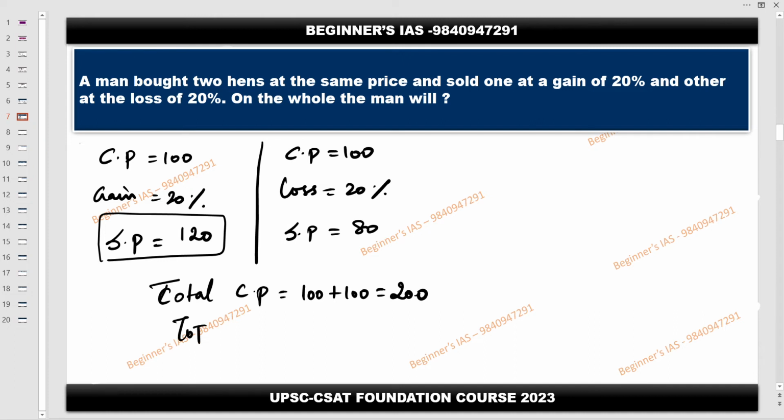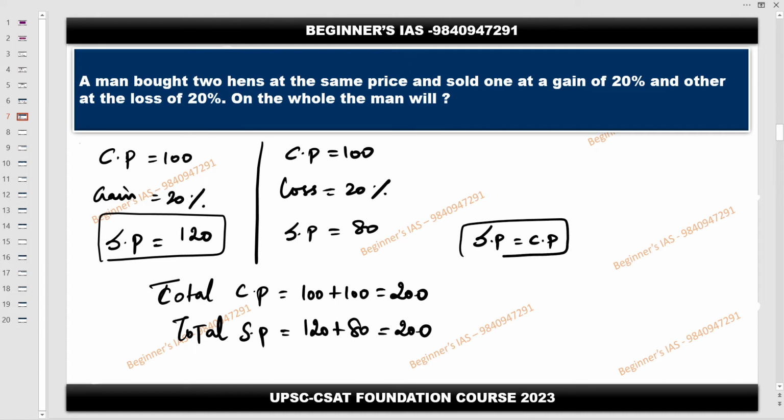Total selling price is 120 plus 80, which is equal to 200. So the selling price is equal to the cost price. In this case, whether loss happens, gain happens, neither gain nor loss, or a 4% loss?